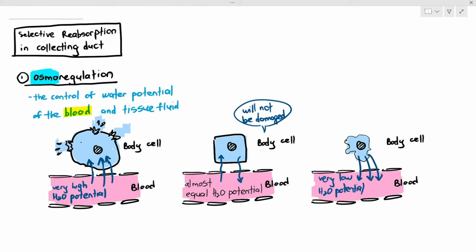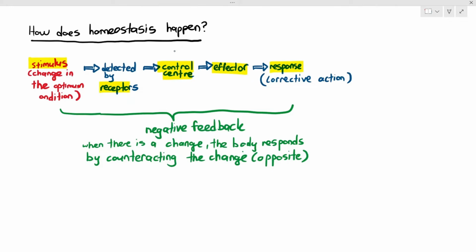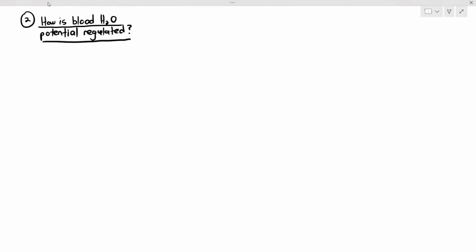And in the first video on homeostasis, I did mention that homeostasis is regulated through a series of steps. It must start with the stimulus, detected by receptor, signal is sent to the control center, another signal is sent to the effector, and the effector produces a response or a corrective action, and the entire thing is called the negative feedback mechanism. So let's apply this now.